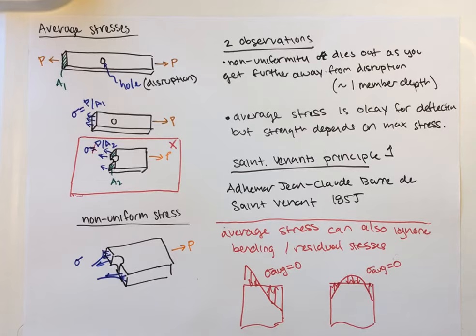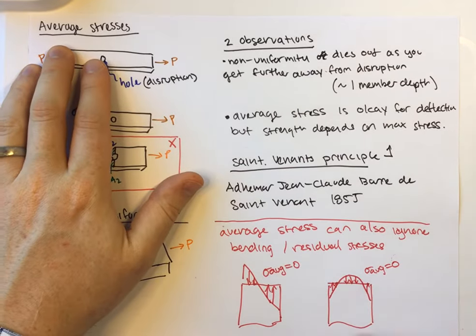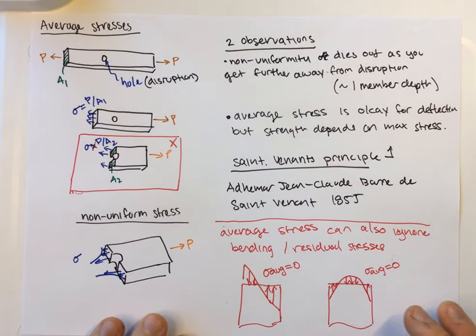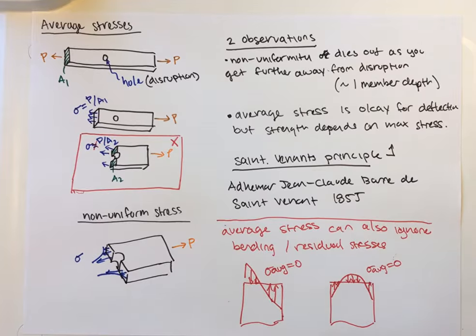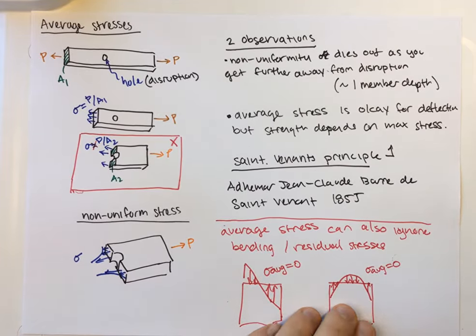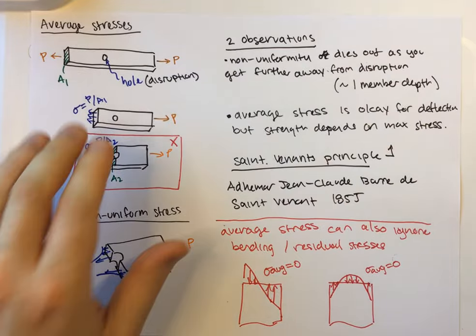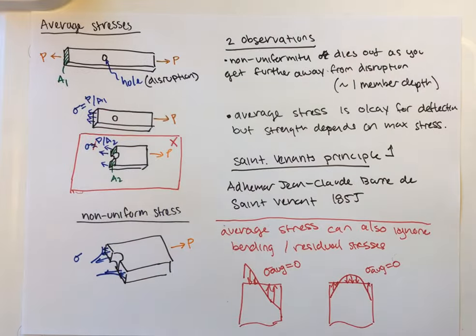But if there's a critical stress that causes failure or causes some kind of behavior you don't want, these initial stresses are going to be important to consider. So average stresses are good for a lot of things, but you also can't forget about some of these discontinuities, the stress risers that they create, and you also can't forget about some of these other sources of stresses that might not be included in your simplistic analysis.